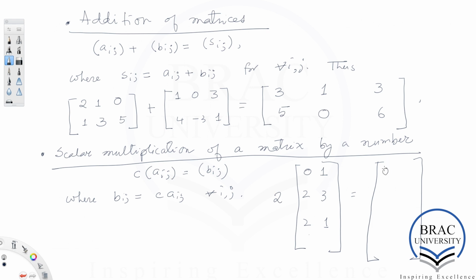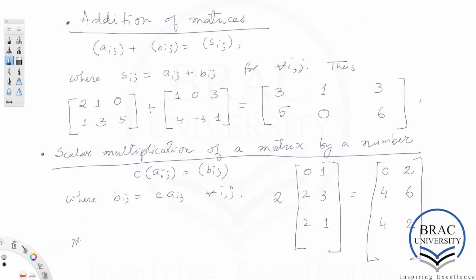So we have 0 here, 2 gets multiplied with 1 to result in 2. Similarly, we have 2 times 2 here, 4. We have 2 times 3 here, 6. Then 2 times 2 here, 4. Then 2 times 1 to give 2.